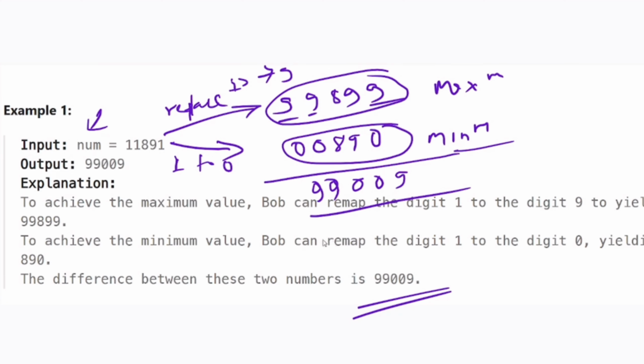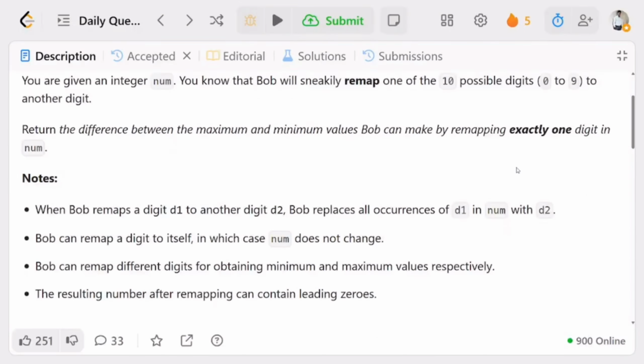Understood, right? Easy. So now the question is, how do we approach this problem? We can remap each digit 0 to 9 to every other digit 0 to 9, and apply the replacement on the number.